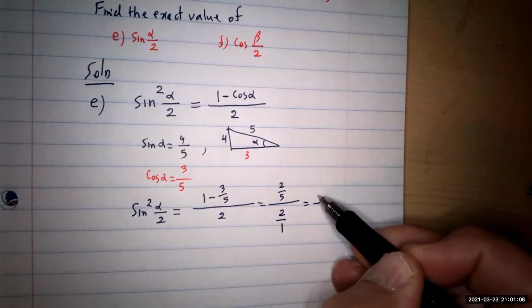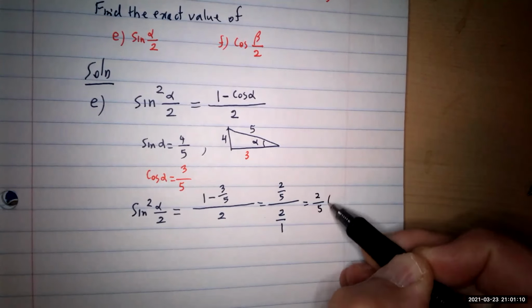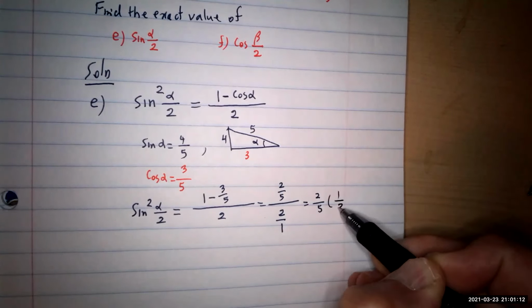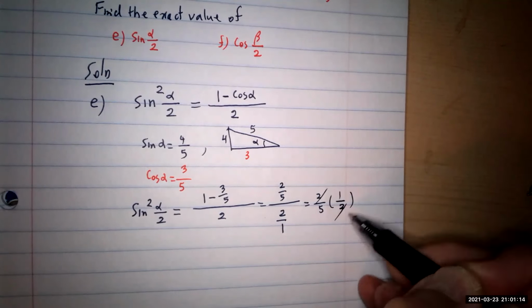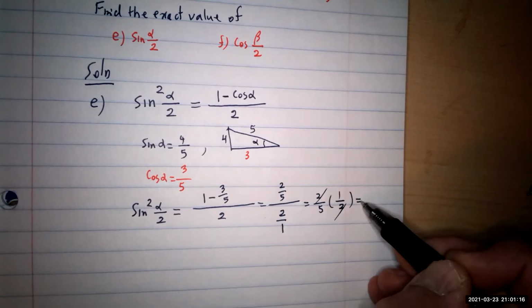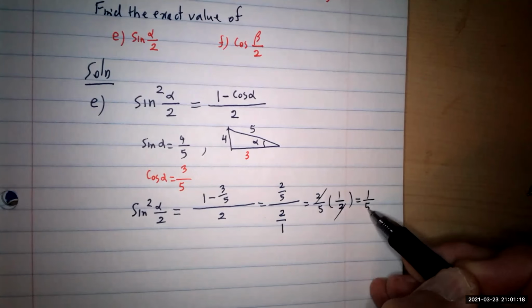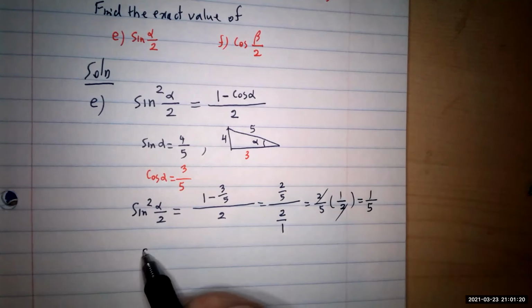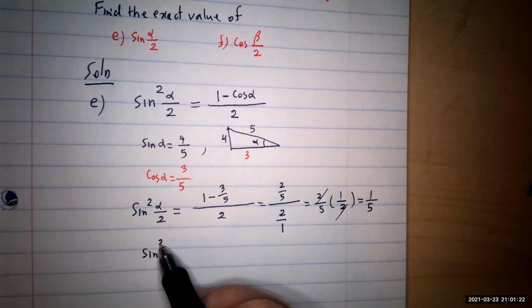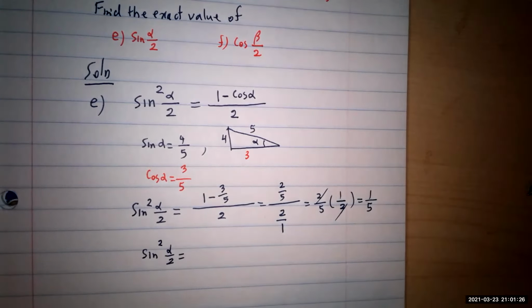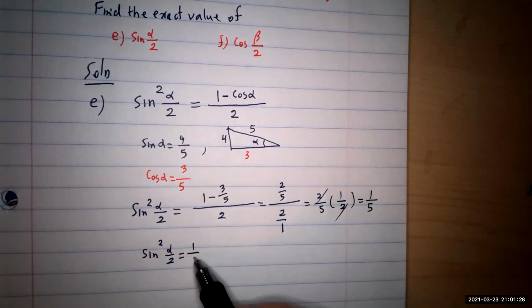So write the top, multiply by the reciprocal of the bottom. So the 2 and 2 cancel out, and that gives you 1/5. Okay, so the sine squared of alpha/2 would be 1/5.